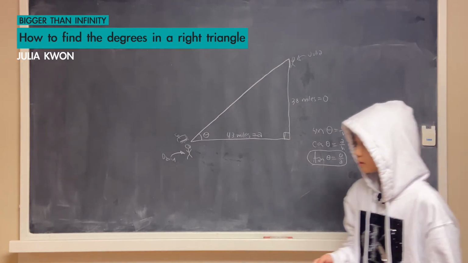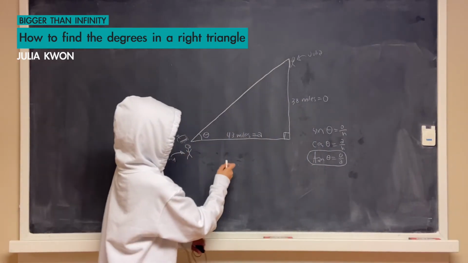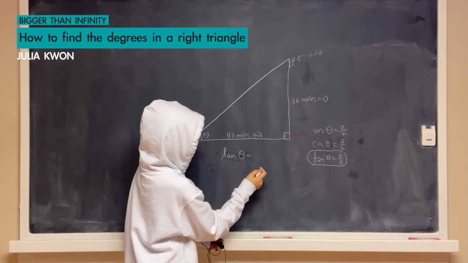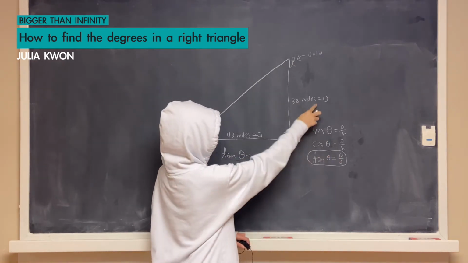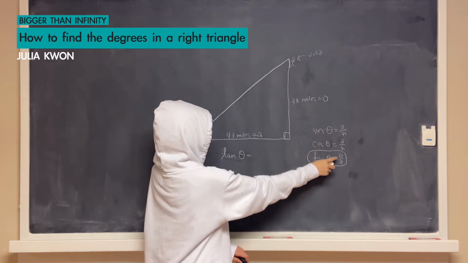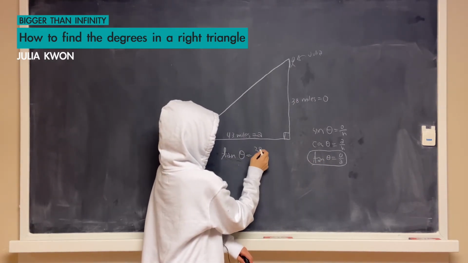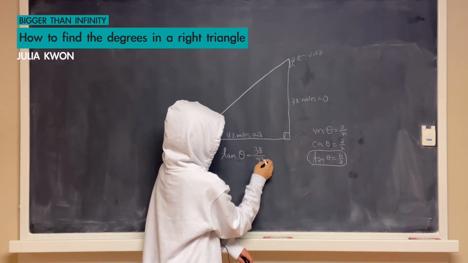So if we have tangent theta and we put in the values of the opposite and the adjacent into this fraction, we would have 38 over 43.